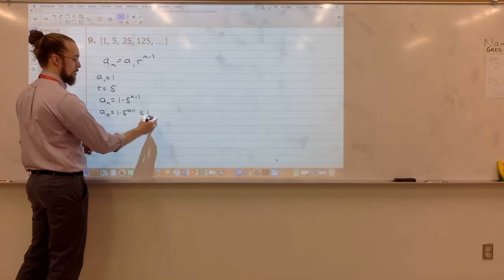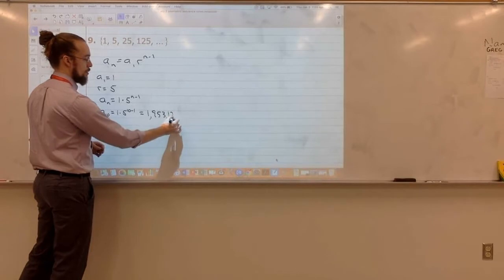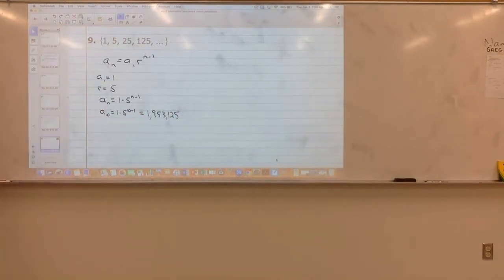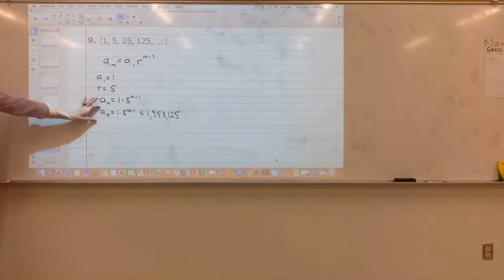So numbers in geometric sequences can get pretty large pretty quick, because I'm multiplying by a number every time. So just up to the 10th term, we're already almost 2 million. So 2 parts to this answer. Right? The first part is the rule. The second part is the 10th term.